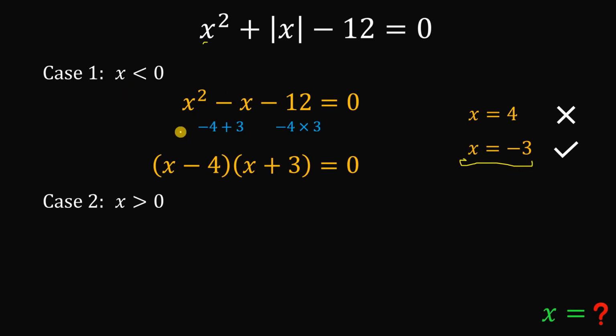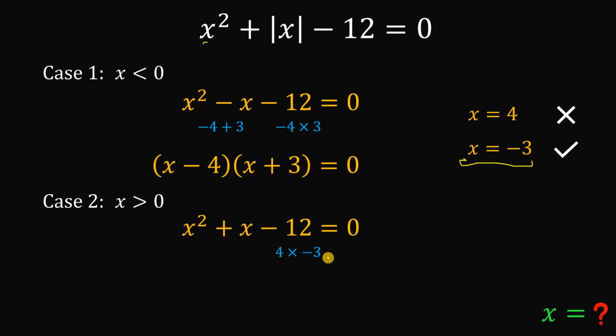Now, how about in case number 2? Again, assume for a moment that we don't have any absolute value. When x is greater than 0, our equation is just x squared plus x minus 12 equals 0. Again, using some factoring techniques, think of two numbers that when we multiply, we get negative 12, and when we add, we get positive 1.